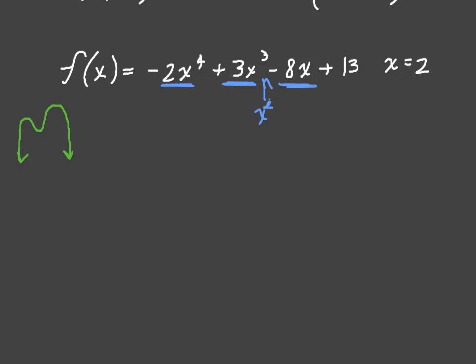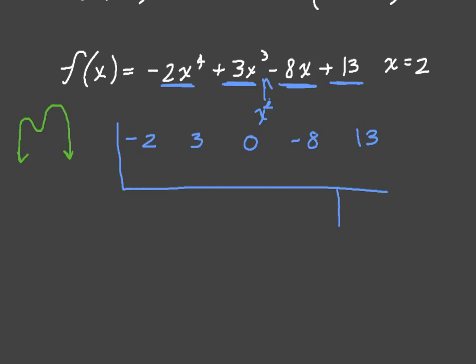Then you'll move on. Here's your x term, here's your constant. So all of our coefficients are in order: negative 2, positive 3, 0 for my x squared term, negative 8, and 13 my constant.